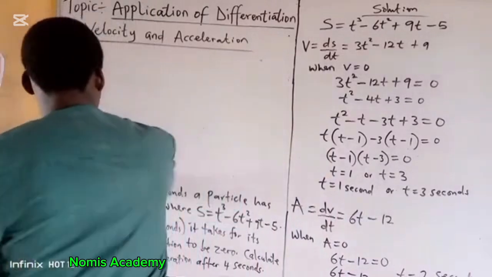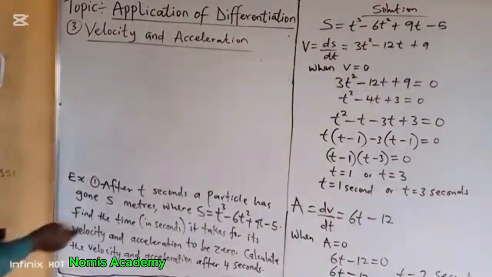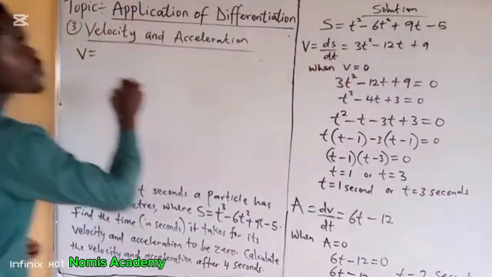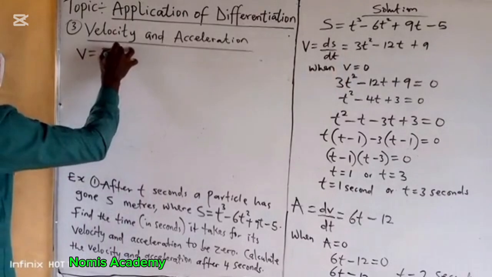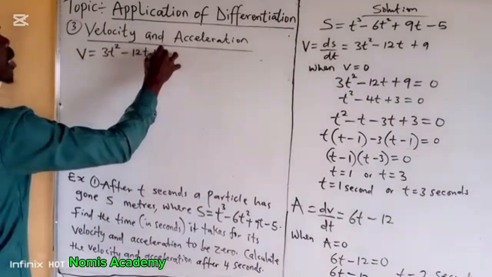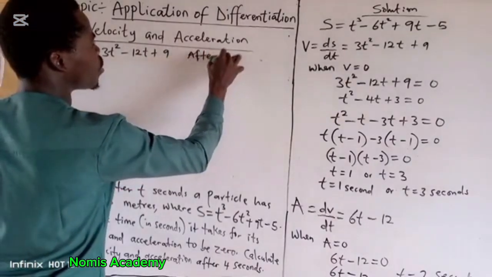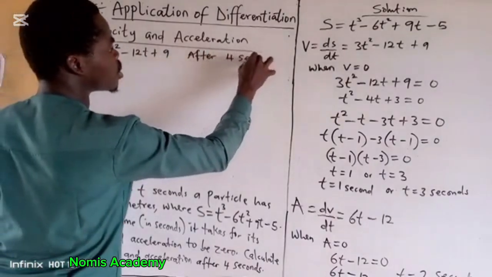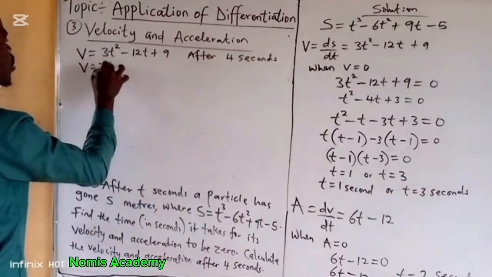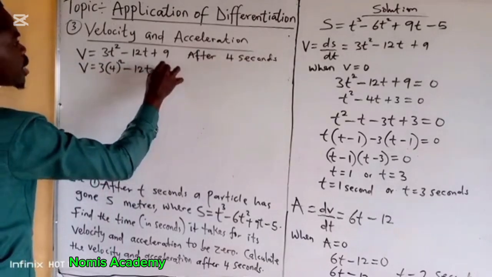Velocity v, which is 3t squared minus 12t plus 9, after 4 seconds. So that will be v equal to 3 times 4 squared minus 12 times 4 plus 9.